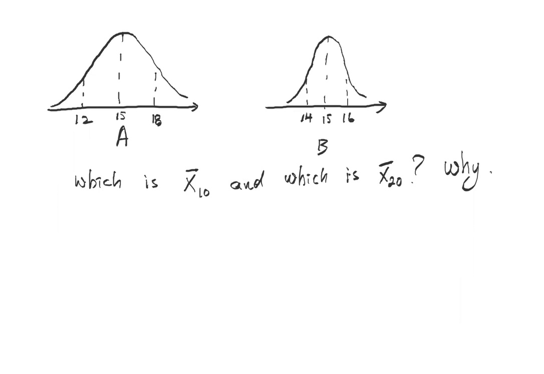This is the central limit theorem about the population is normally distributed. So the sample mean will definitely be normally distributed regardless of the sample size. Are you clear? But with a smaller spread.